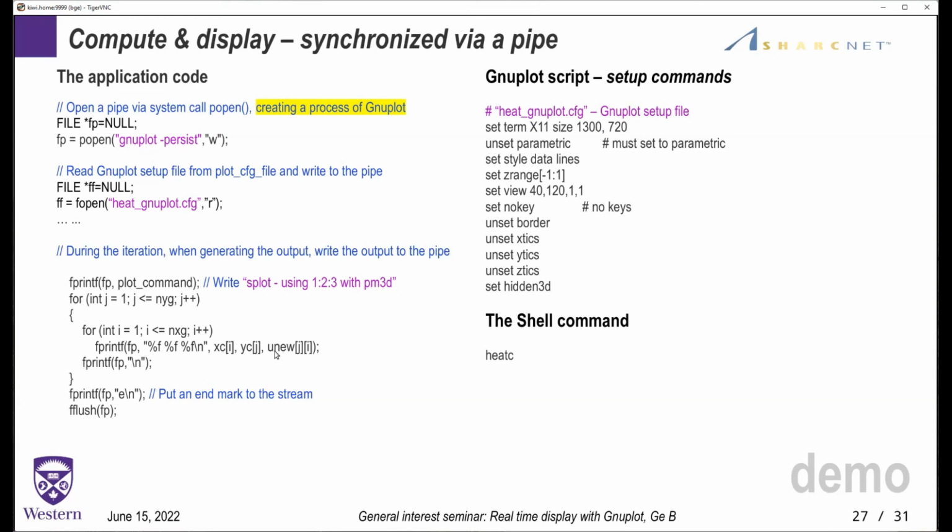Instead of writing that to the file, now I'm writing to the pipe. And from the command line, we simply run this application. There's no need to run Gnuplot because Gnuplot is launched, forked, from inside this application.